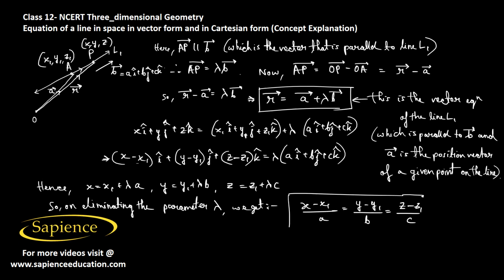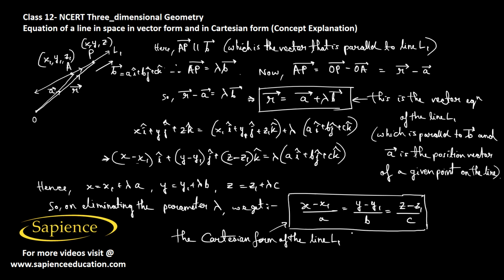So this is the required Cartesian form of the equation of the line L1, having the direction ratios.